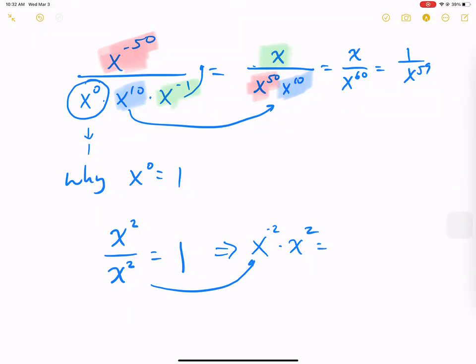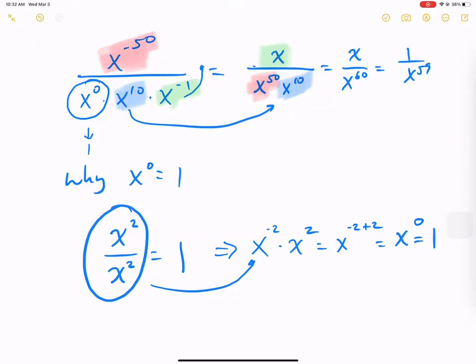Now, what am I doing when I'm multiplying powers? I'm adding them. So x to the negative 2 plus 2. What's negative 2 plus 2? That's x to the 0. And what did we say x squared divided by x squared is? It's 1, and that's what this also equals. It equals 1. Okay.